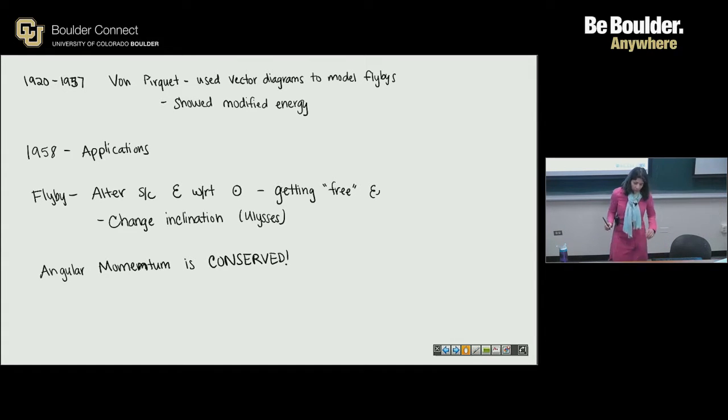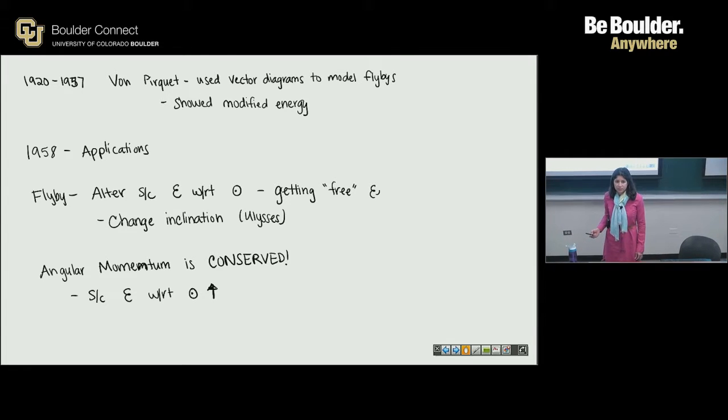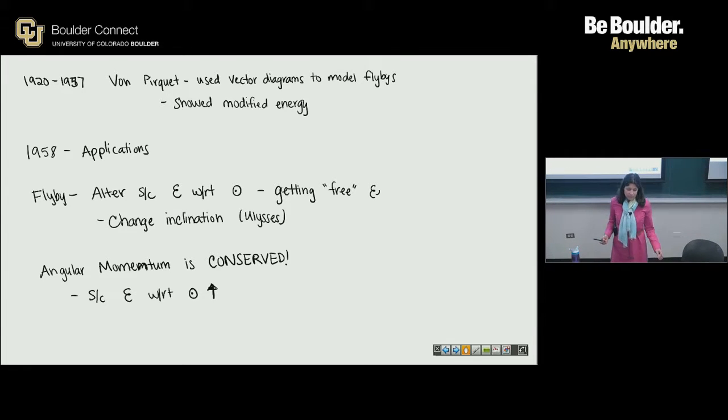Okay, so let's just say that we are flying by a planet and the spacecraft's energy with respect to the sun is going up. So what's that going to mean, if our angular momentum is conserved? The planet you're going about is losing energy with respect to the sun.